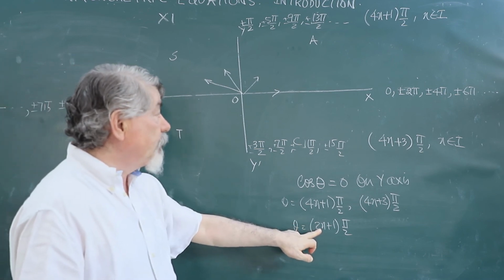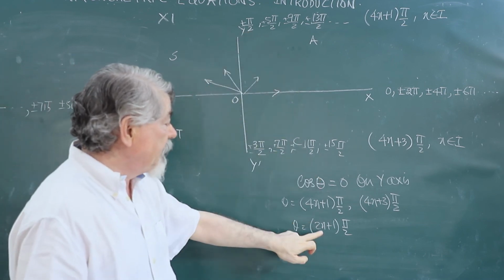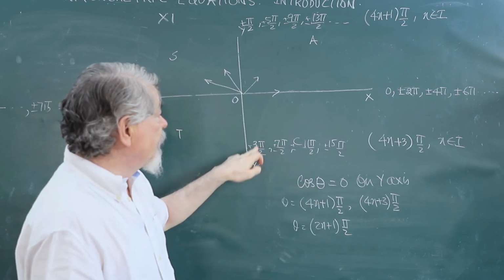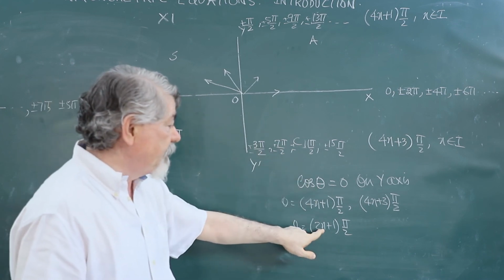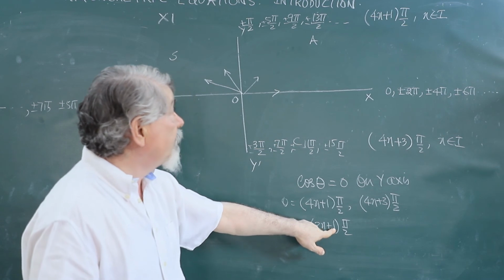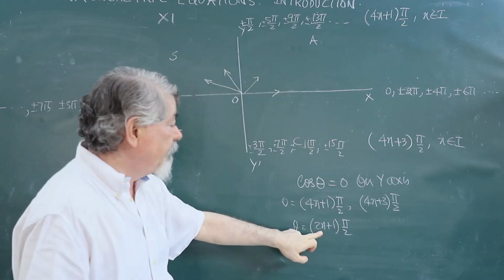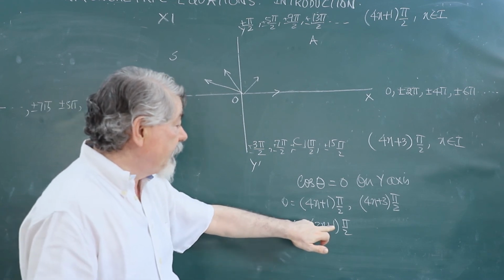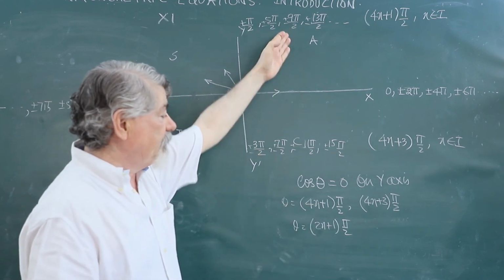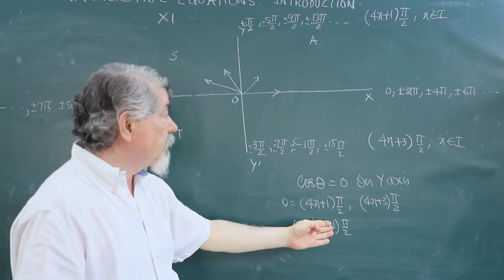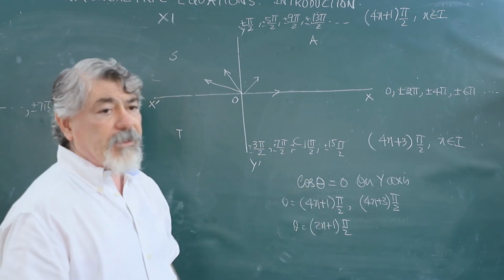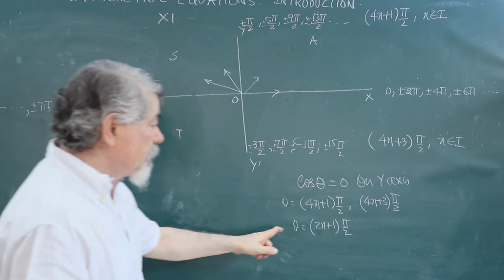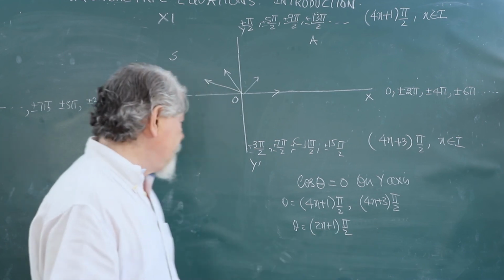If n is 0, it comes pi by 2. If n is 1, it comes 3 pi by 2. If n is 2, 2 twos are 4 plus 1, 5 pi by 2. If n is 4, 4 twos are 8 plus 1, 9 pi by 2. If n is 3, 3 twos are 6 plus 1, 7 pi by 2. So theta is equal to 2n plus 1 pi by 2.